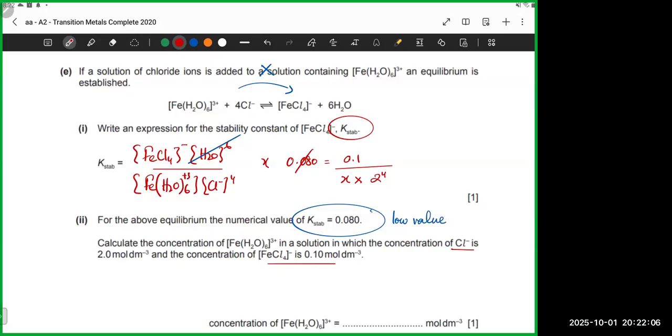Wait, what's X? X is gonna be, yeah. Okay, one second, I'll do it again.